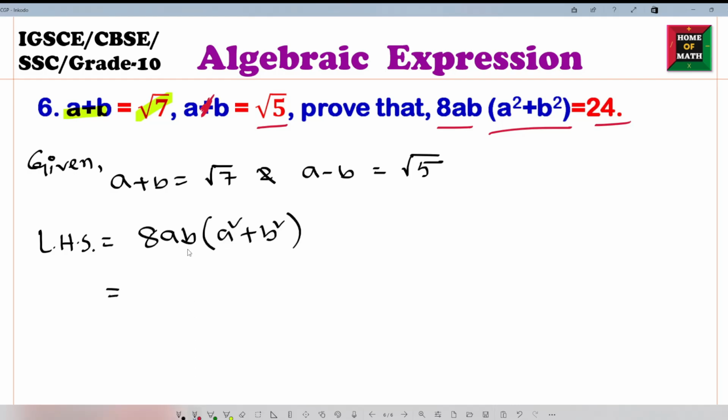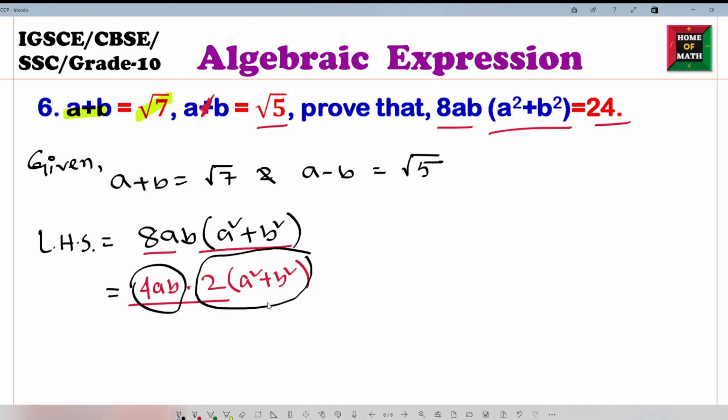We can write it like this: 4ab times 2, it means 8ab, and here is a square plus b square. Another thing, 4ab has a theory and 2 times a square plus b square also has a theory.